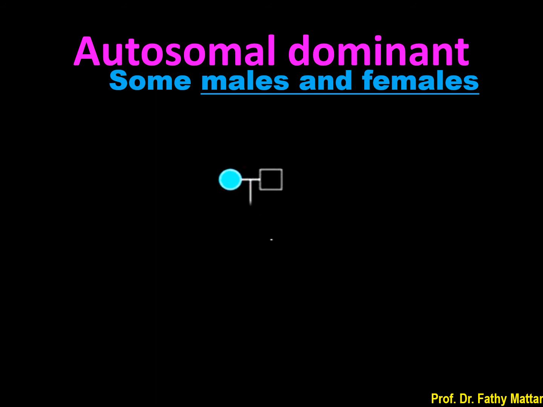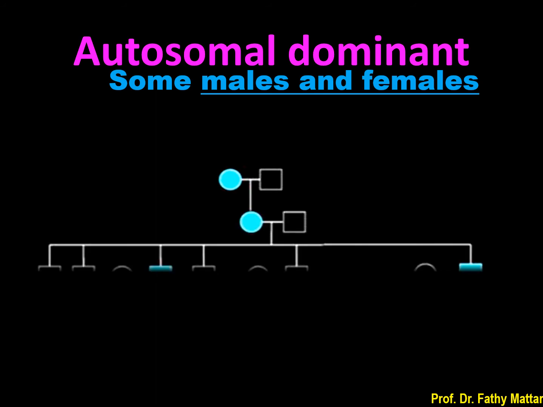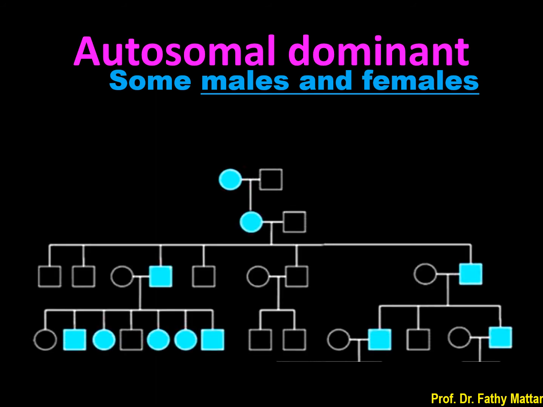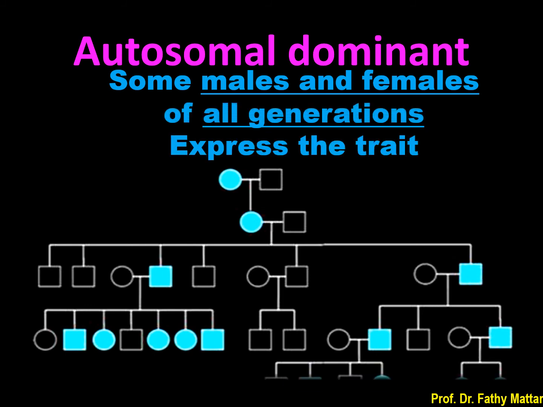We'll find that some males and some females are carrying the trait in all generations, and both the males and females will represent the trait. So this is the autosomal dominant inheritance.